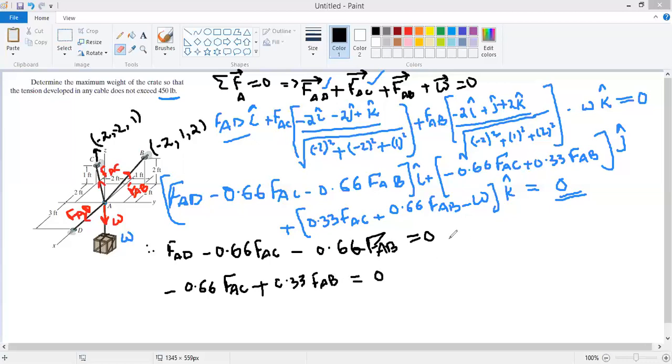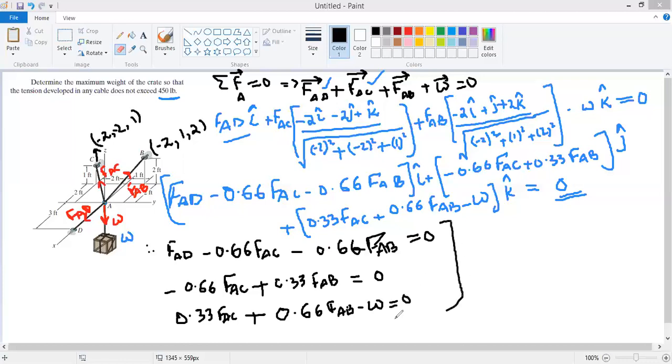These are the j components. And the third one is 0.33 FAC plus 0.66 FAB minus W is equal to 0.